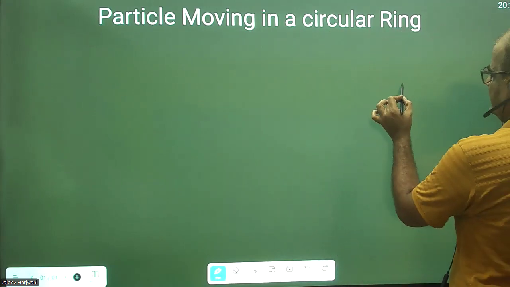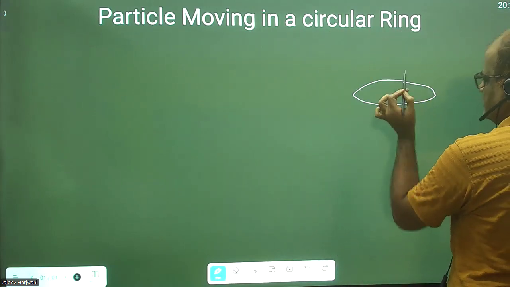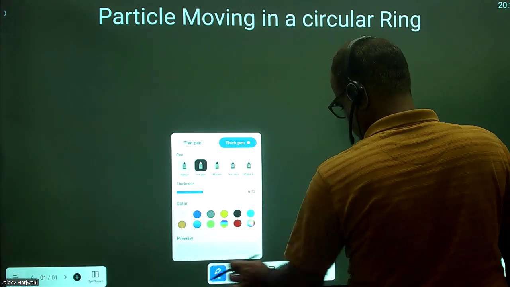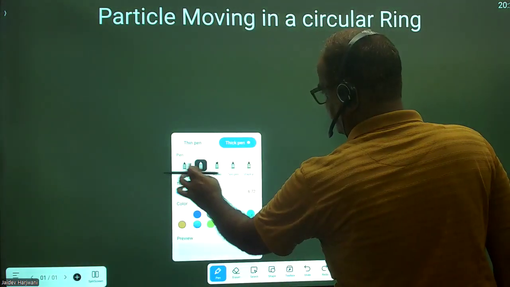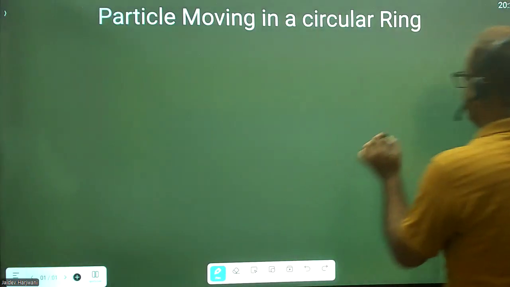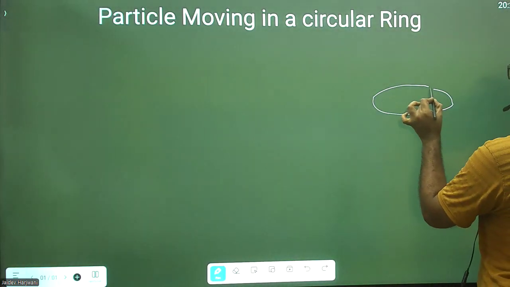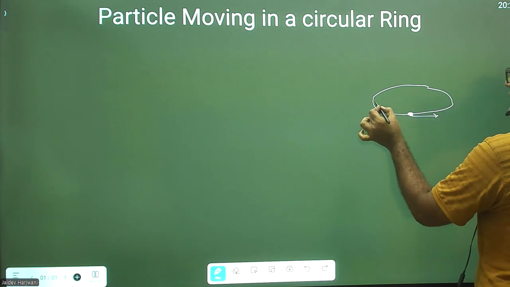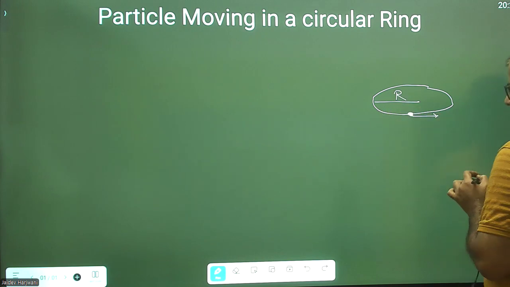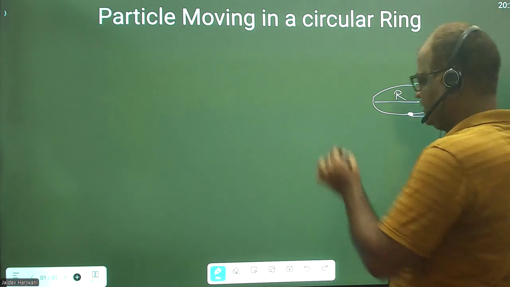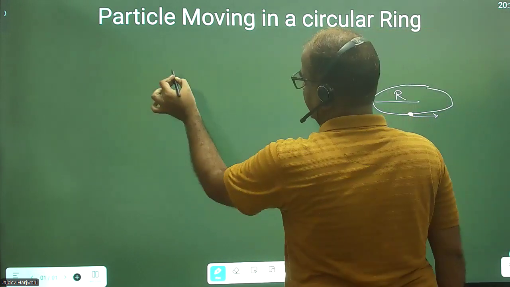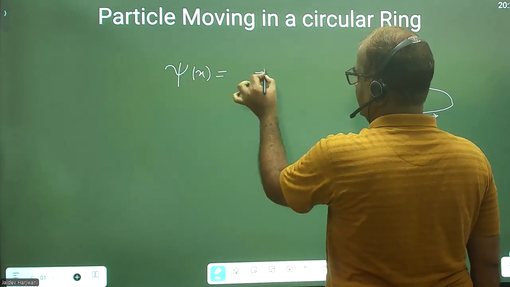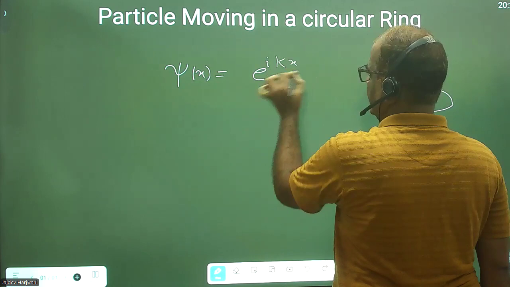In last class, we were discussing a particle moving in a circular ring. A particle is moving in a circular ring, and the radius of the ring is capital R. We said that the wave function of this particle is given by psi of x equal to a normalization constant times e power iota kx.